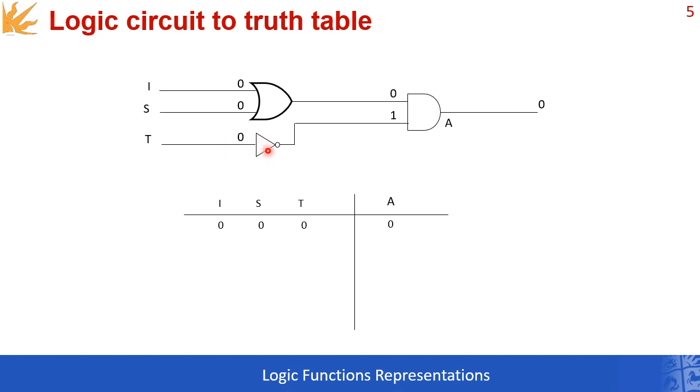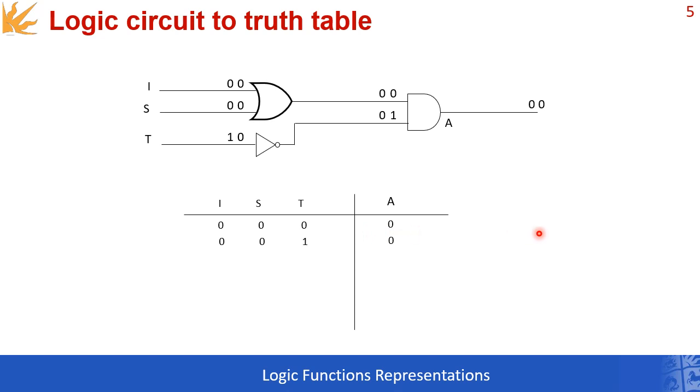If it is not on testing mode, then the other input to the final AND gate is 1. And as you already know, 1 and 0 gives you a 0 as an output. So in this first step, you've seen that the first row of the truth table, which is 0, 0, 0, gives you an outcome of 0 for the whole function.